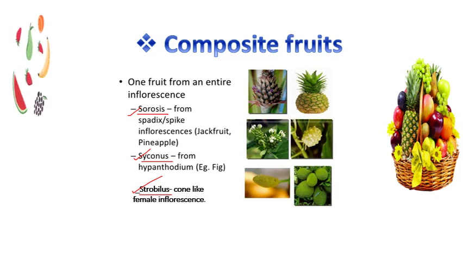The inflorescence consists of a central axis bearing a number of membranous scales. The female flowers are enclosed in membranous bracteoles. The true fruits are achenes. So they are enclosed in bracteoles or scales, and such a type of fruit is called Strobilus, and the example of such type is the Pinus tree.